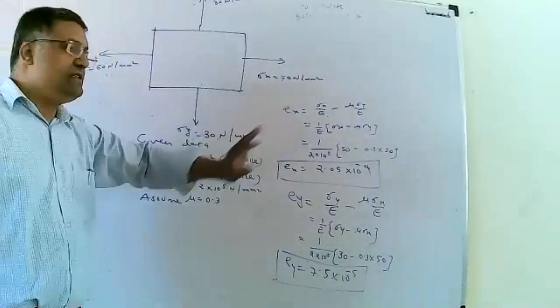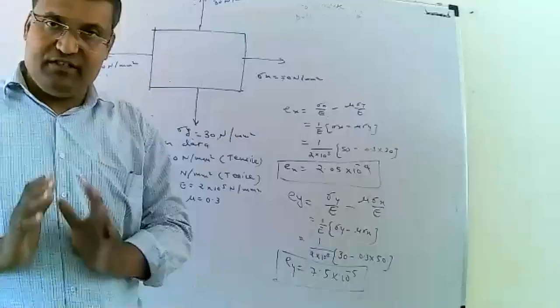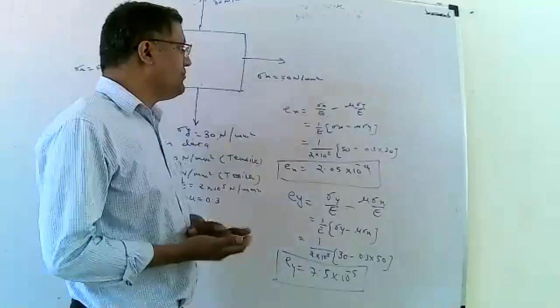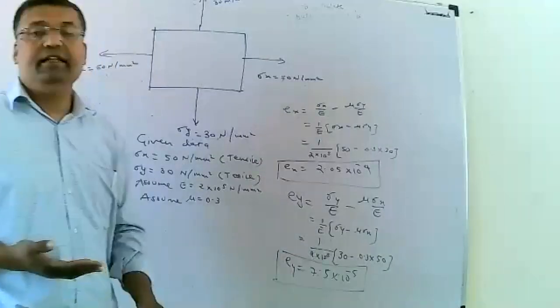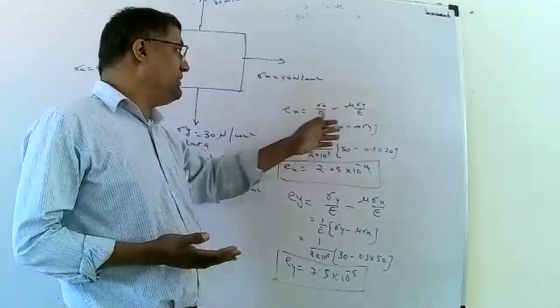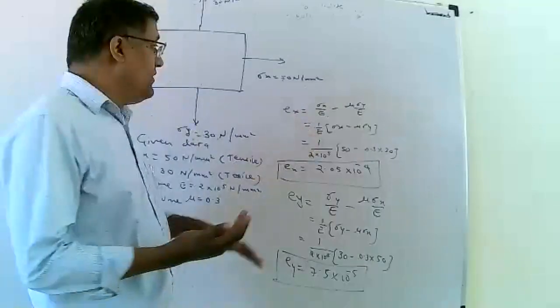Then here Ex, the formula is standard for a biaxial stress system. The strain induced along x direction is sigma x upon E minus mu sigma y upon E. Then we take 1 upon E as a common factor, and in the remaining terms in the bracket, sigma x minus mu sigma y.